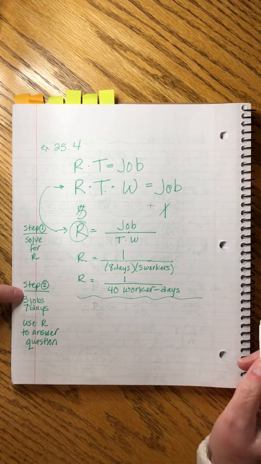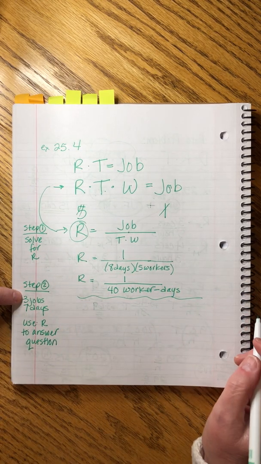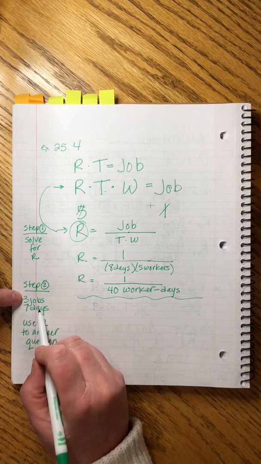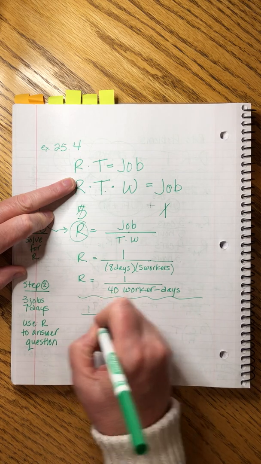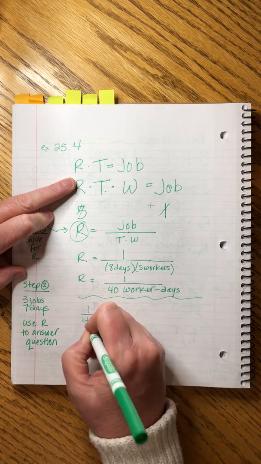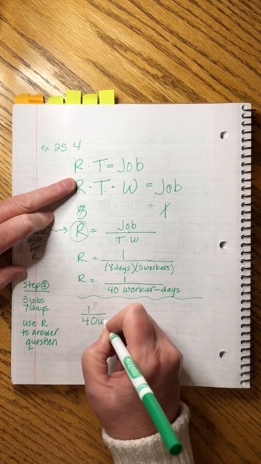And now we want to know how many workers it's going to take to do 3 jobs in 7 days. So we use this formula again. Our rate is 1 over 40 worker days.